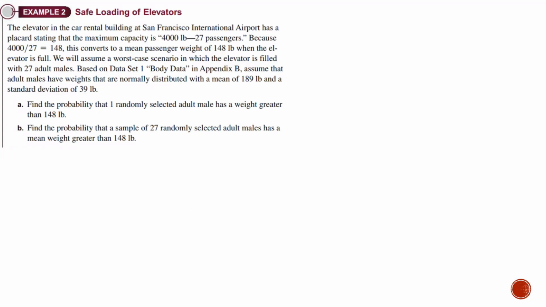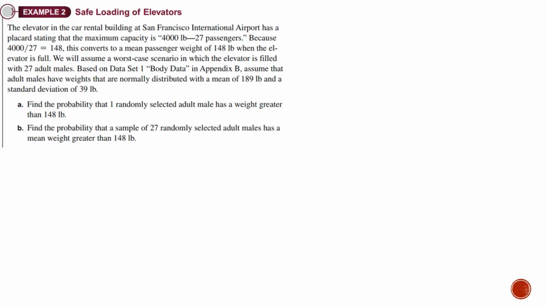So there's a way that you can read that. Let's say you have 27 passengers on that. It is assuming that if you have 27 passengers, it will be less than 4,000 pounds.